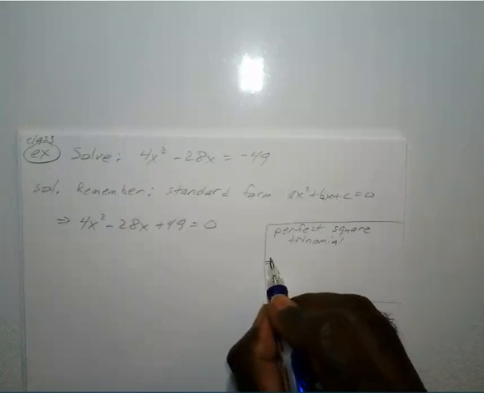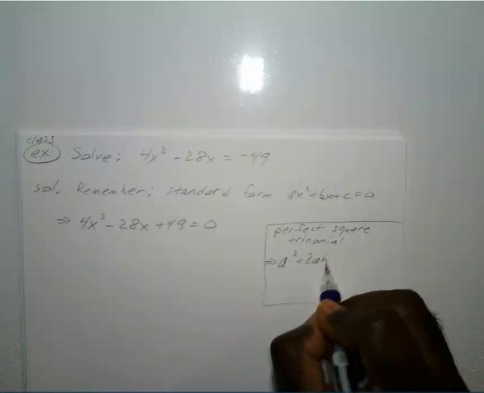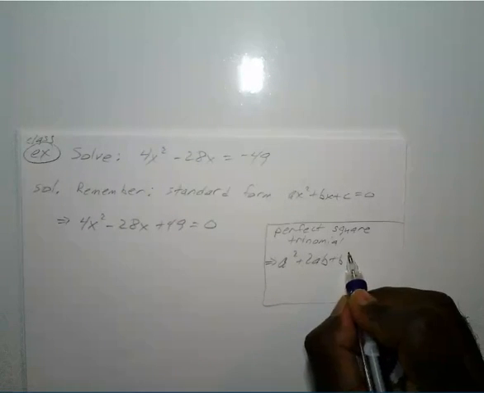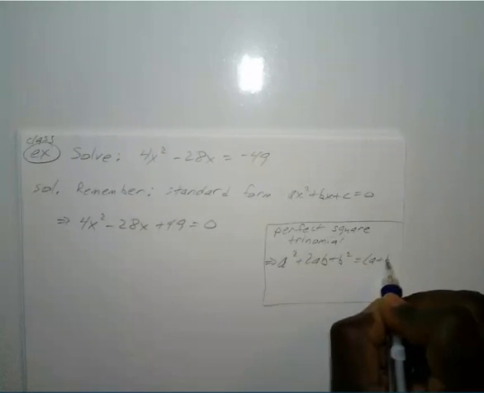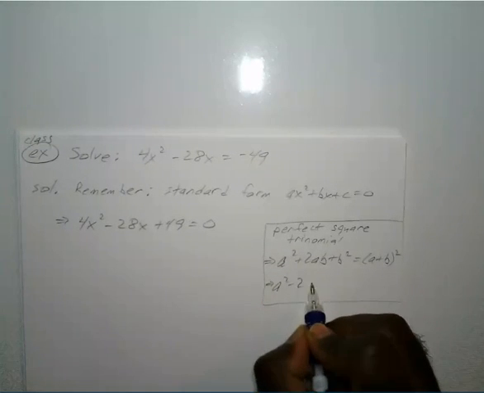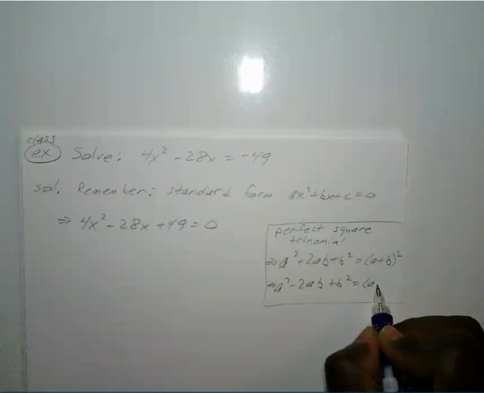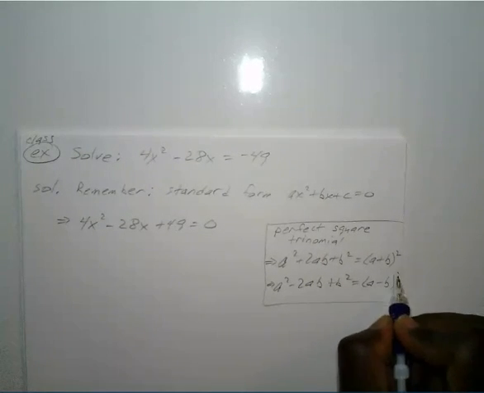Okay, so remember the perfect square trinomial, a squared plus 2ab plus b squared equals a plus b squared, and a squared minus 2ab plus b squared equals a minus b squared.